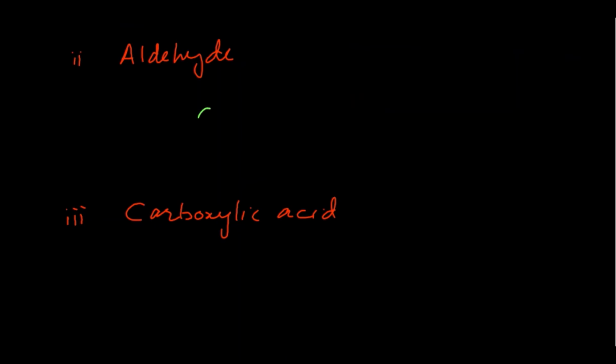Next one is aldehyde. An aldehyde containing 2 carbon atoms. Right, students? So we write the structural formula for aldehyde. CH3, C double bond O, H. This is the aldehyde which is made up of 2 carbon atoms. I hope this is clear.